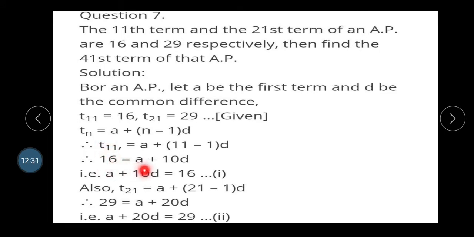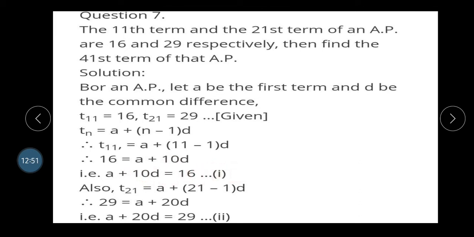16 equals A, 11 minus 1 we will get 10, 10 into D we will get 10D. So 16 equals A plus 10D. We can write this equation as A plus 10D equals 16. This becomes our first equation.